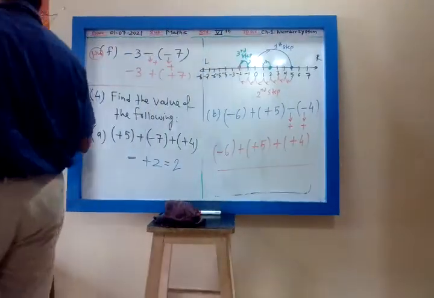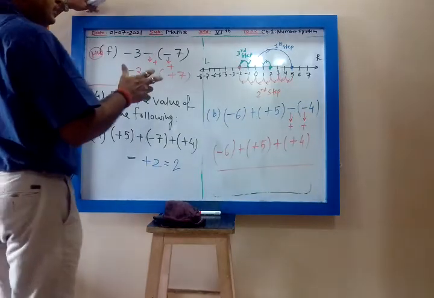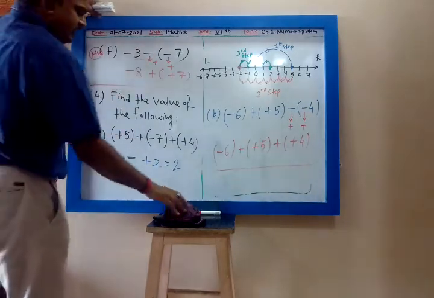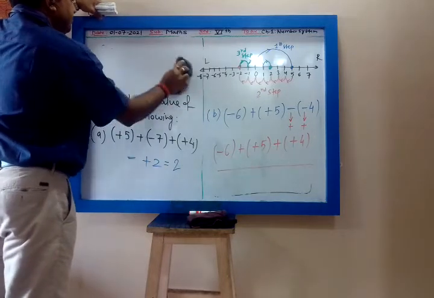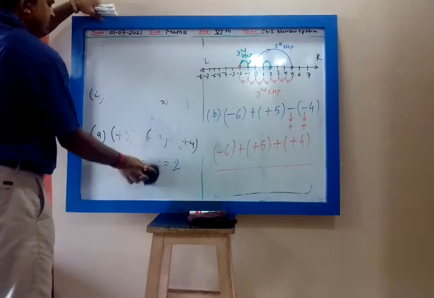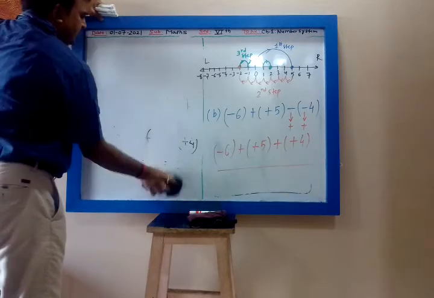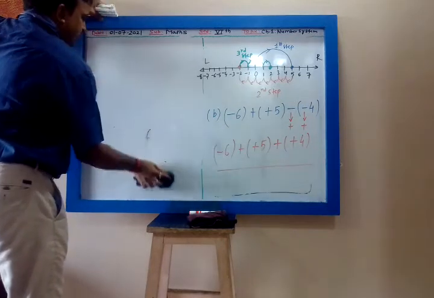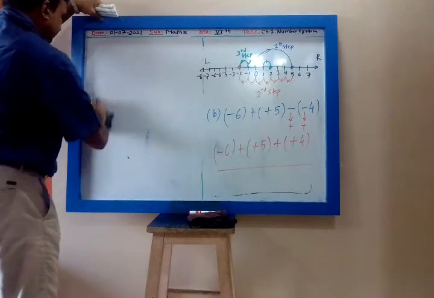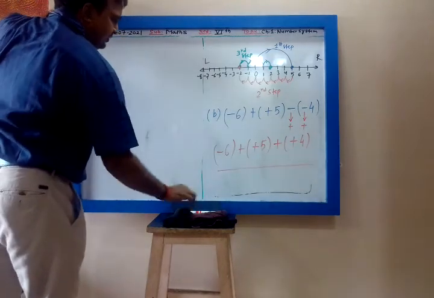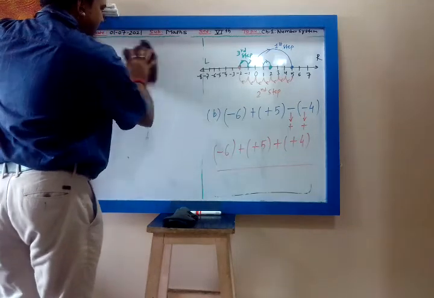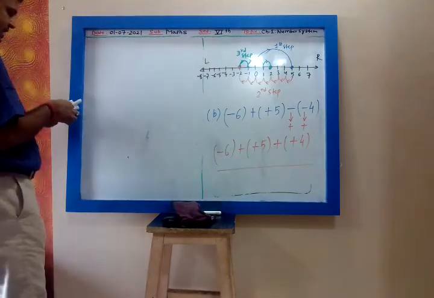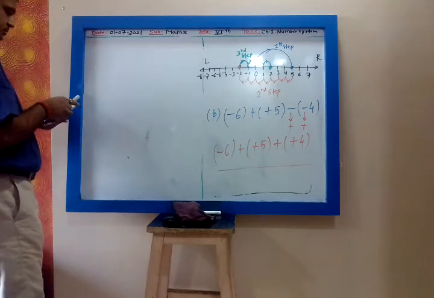Whenever you have minus plus, that I will write plus minus, and whenever you have minus minus, that I will replace by plus plus sign. That's all. Now we draw the number line and find out. So first I will represent the number minus 6.